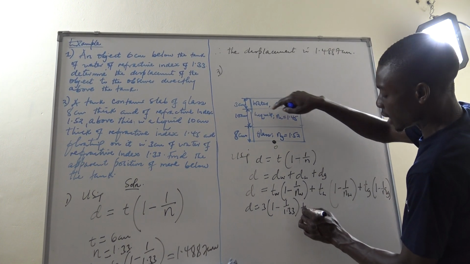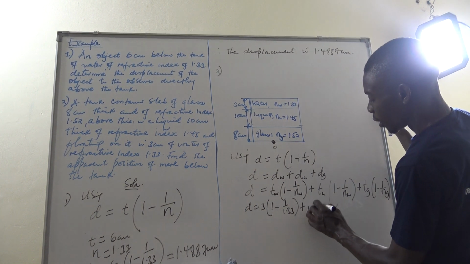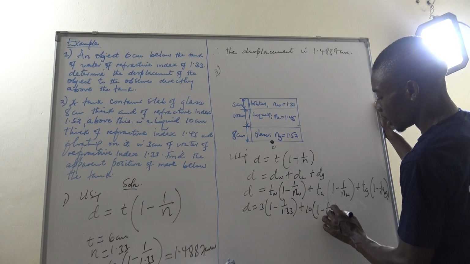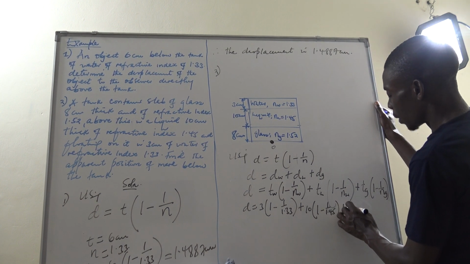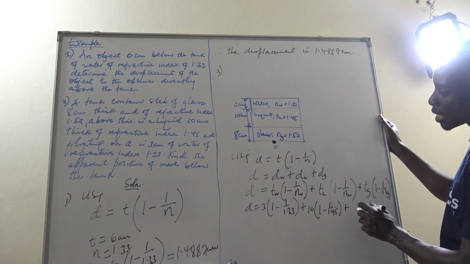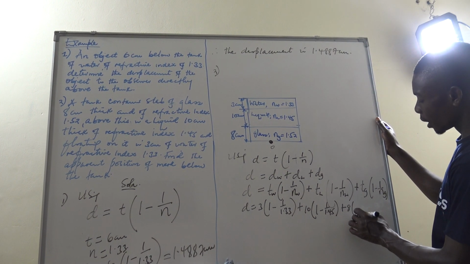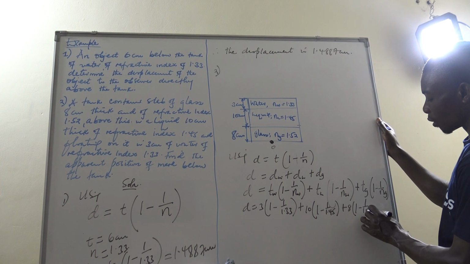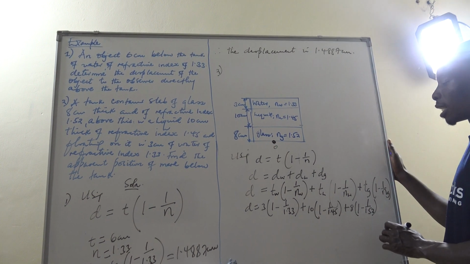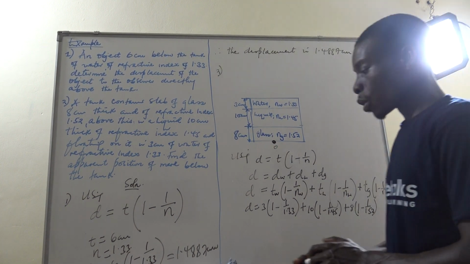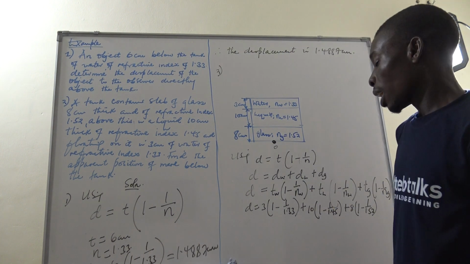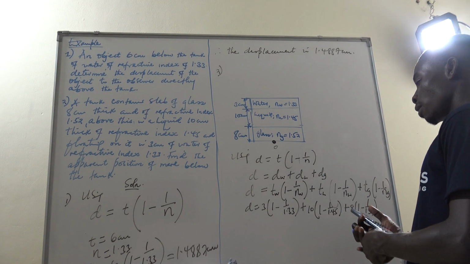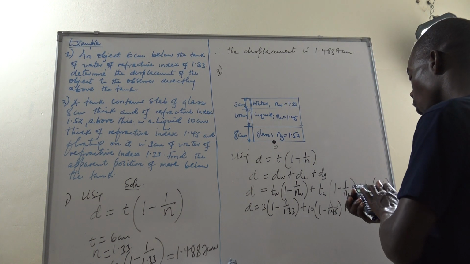The liquid is of thickness 10 into 1 minus 1 over refractive index of the liquid 1.45, plus thickness of the glass, which is 8 into 1 minus 1 over refractive index of the glass. And now you are supposed to get your calculator and you can compute slowly.